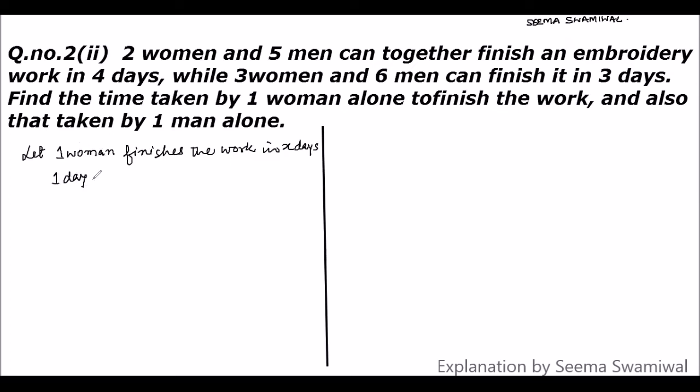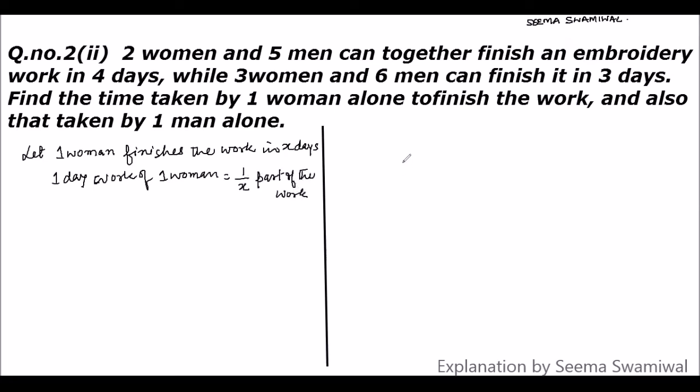In 1 day, she will not be able to complete the whole work. She will be able to do a part of it. So how much part of it will she do? The 1 day work of one woman is equal to 1 upon X part of the work.